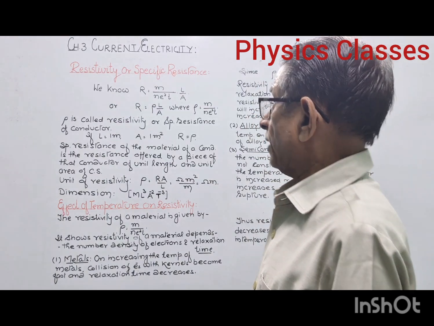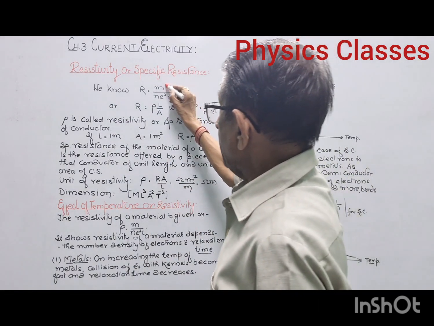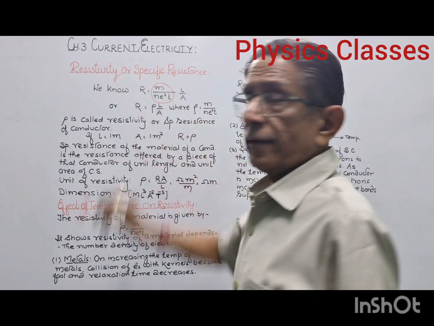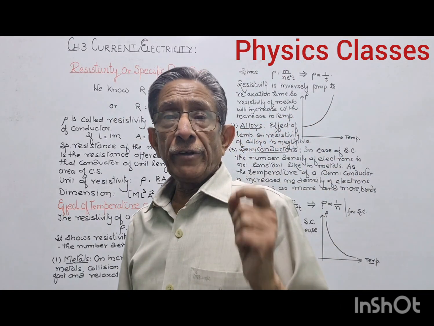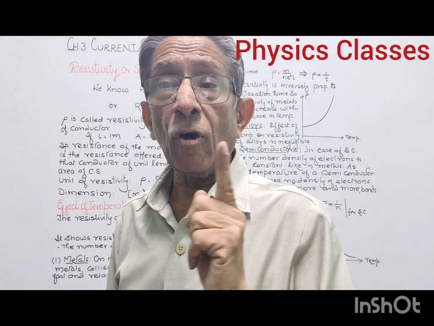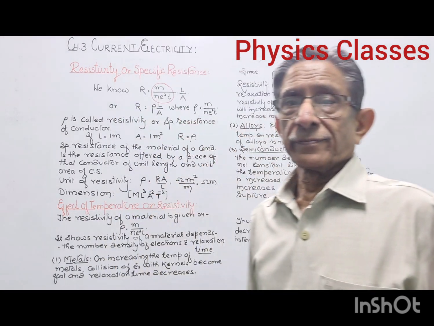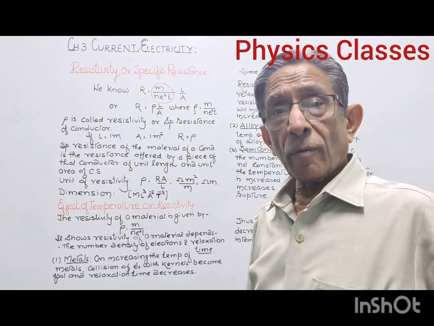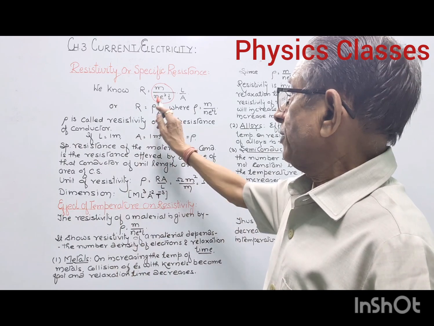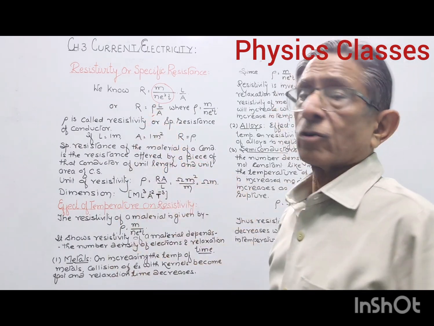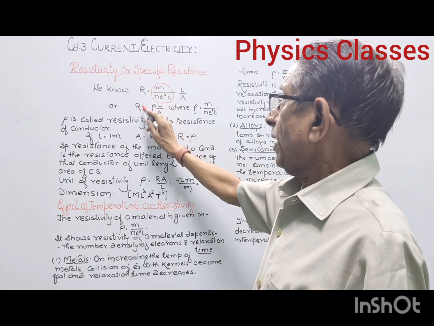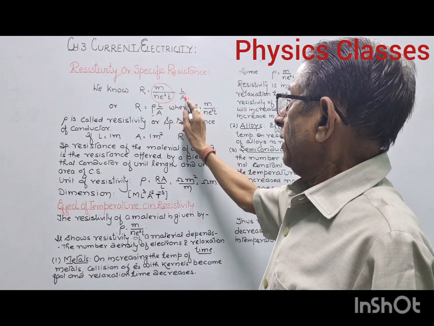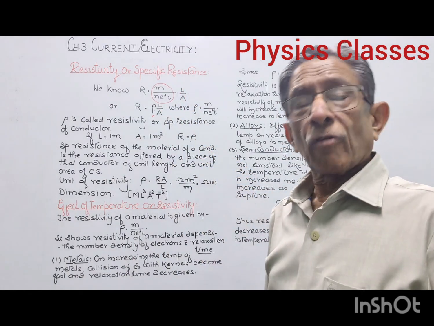Students, in this formula, if we pay attention, there is a new constant which does not depend on the geometry of the conductor, and I represent it by the letter rho. That is, R is equal to rho L upon A. What is rho?